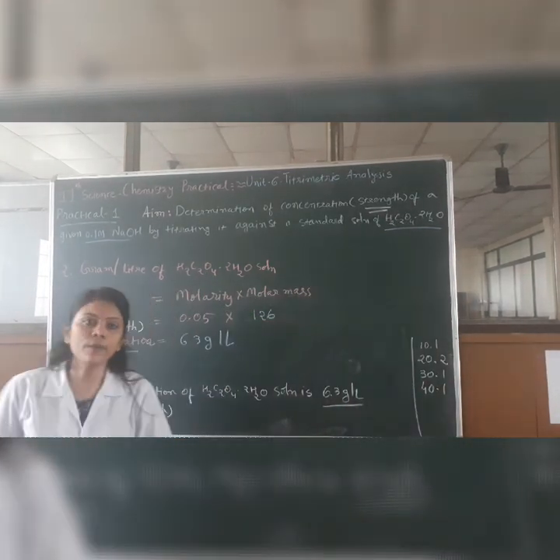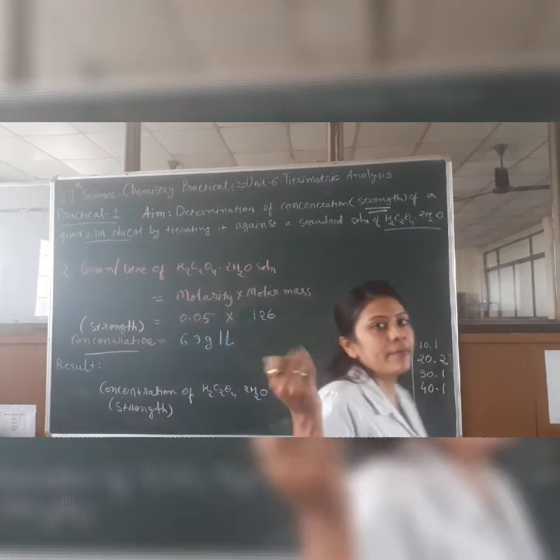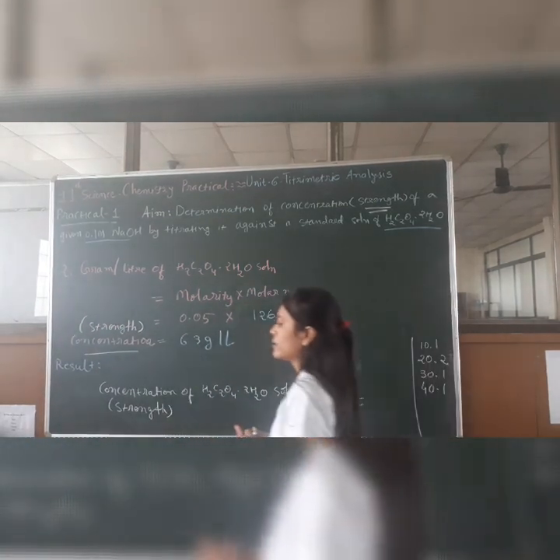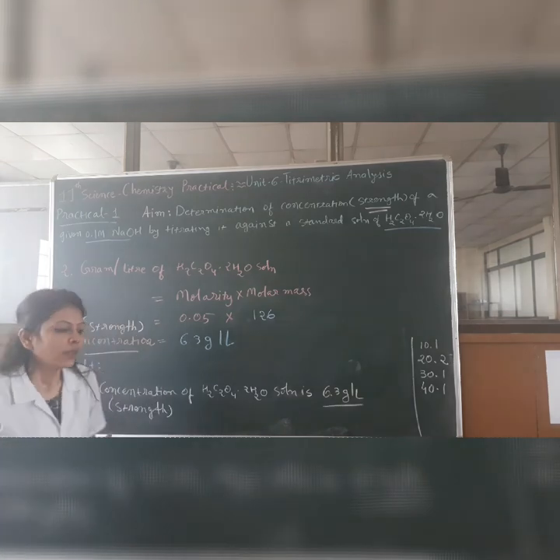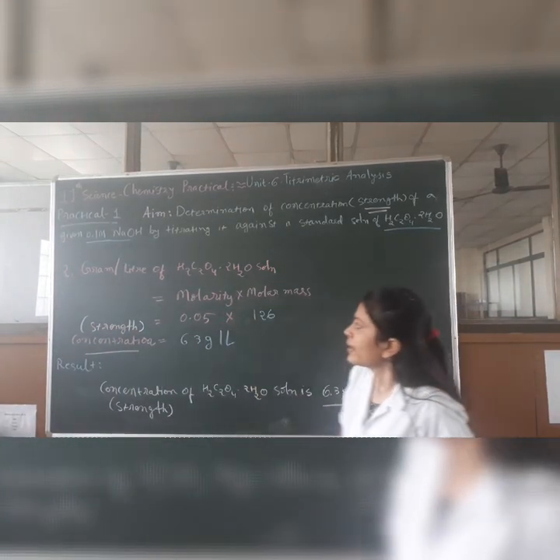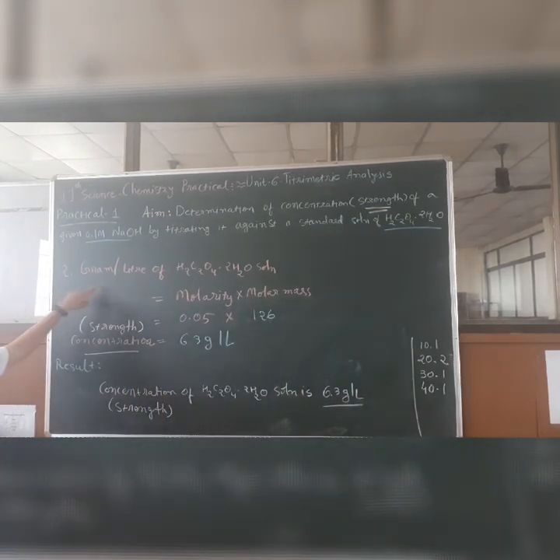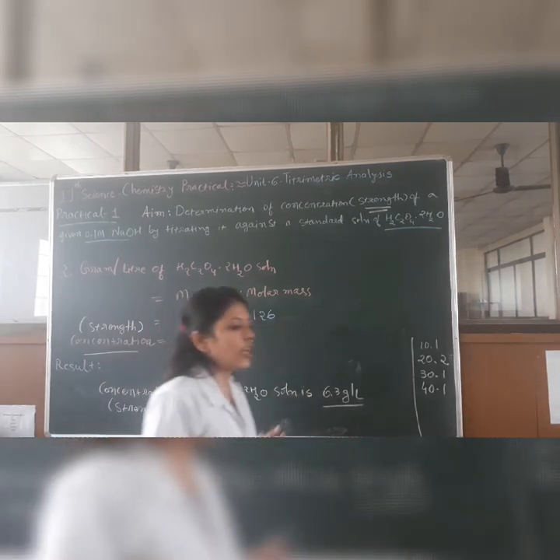But most important, you have to remember the format. First aim, then apparatus, then solution, then chemical equation, then observation table, then calculation. First molarity, then second gram per liter, and last concentration, that is strength.